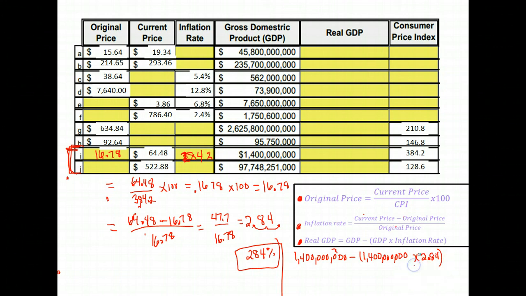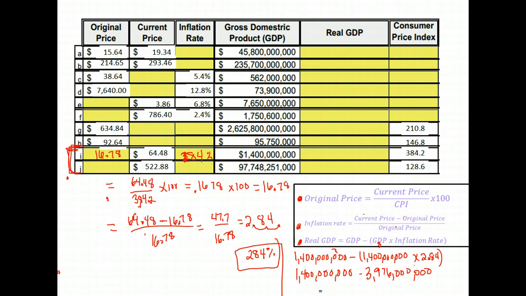Okay, so when I do that, then I get my 1,400,000,000 minus something larger than itself, 3,976,000,000. We still subtract them, but what's going to happen is we're going to get a negative GDP.